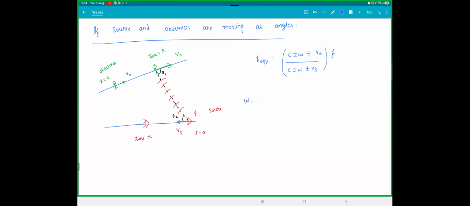The wind gust speed, V0 and Vs are components along the line joining the source when sound is released. So source is important when the sound is released. After that, where it goes, we don't care.